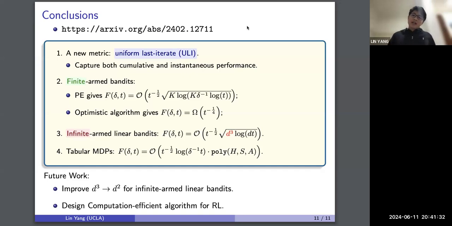In infinite-arm settings, for instance the linear bandit setting, we give a polynomial-time-per-round algorithm that achieves a near optimal URI guarantee. Of course, the dimension dependence is not optimal, and that is an open problem even for the general regret bound. It's still an open problem about the dependence on d. We also achieve an algorithm for reinforcement learning settings, and there are some open problems there as well.